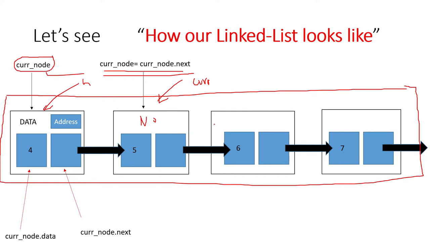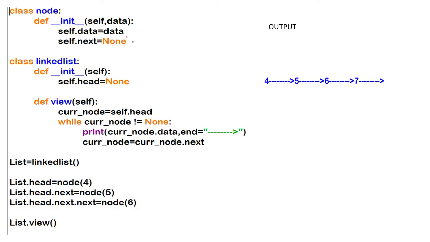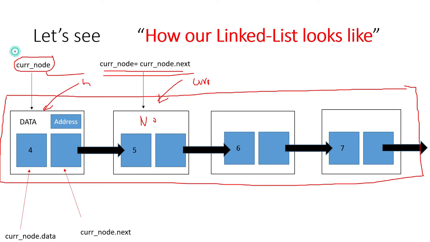So let's just dive into the code so you may understand it better. In here, we have created a linked list. This is our view method which we will be seeing. As I said earlier, our current node will first point to self.head, meaning the head of the list object.